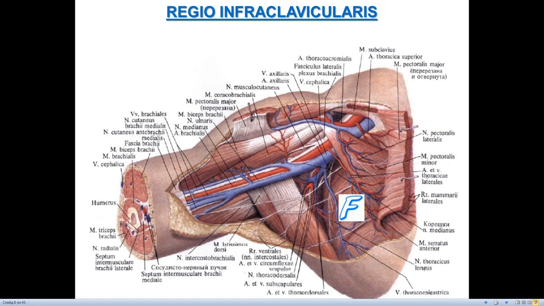Also, as you remember, here travel the suspensory ligament of the mamma, the ligament which makes fixation and presentation of the mammary gland.